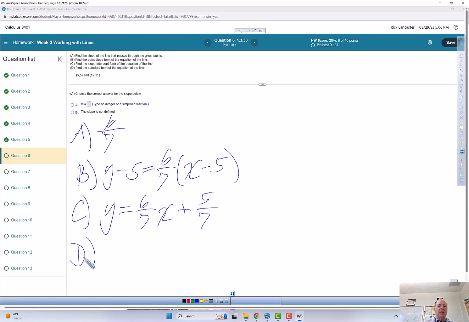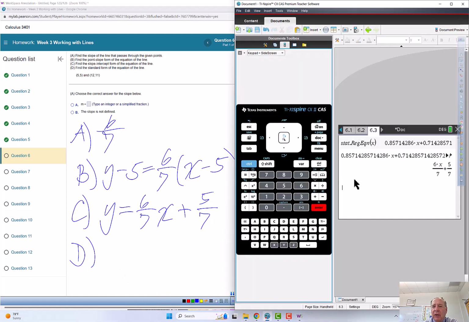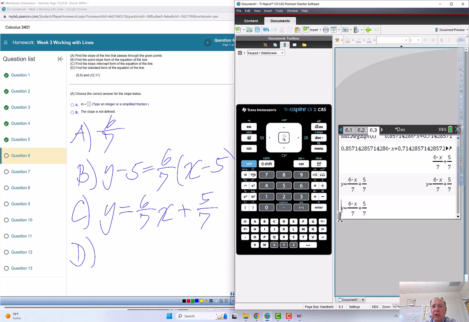And then for D, the calculator can help me a little bit here, but not completely. So I'm going to grab this, go back and put in a y equals. Enter that, and then grab it, put parentheses around it, and then say times 7.